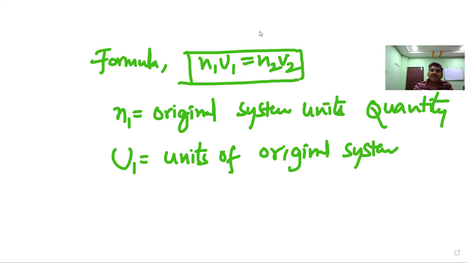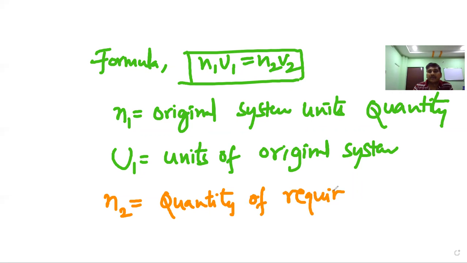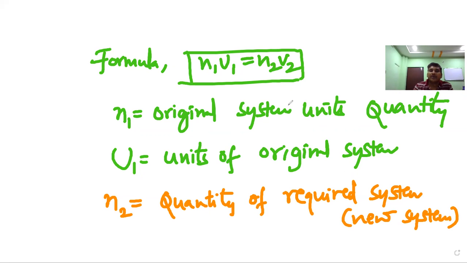The second thing is N2, the quantity of the required system, or simply we can say that the new system in which you want to convert.